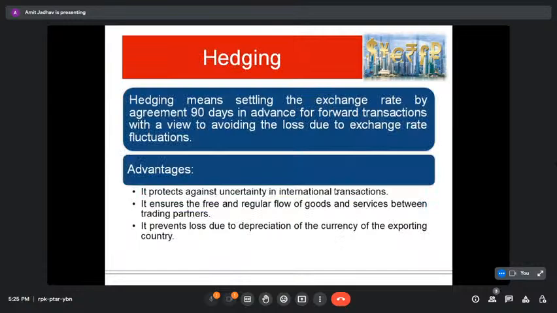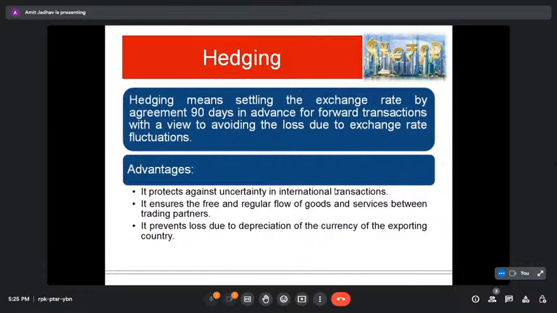Hedging means setting the exchange rate by agreement, 90 days in advance for the forward transaction, with a view to avoiding the loss due to exchange rate fluctuation.